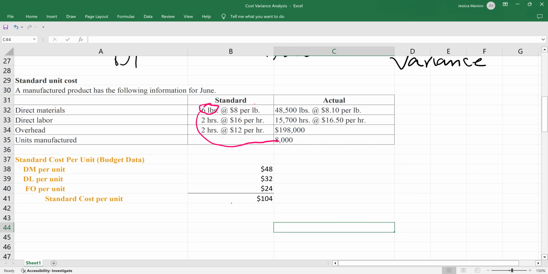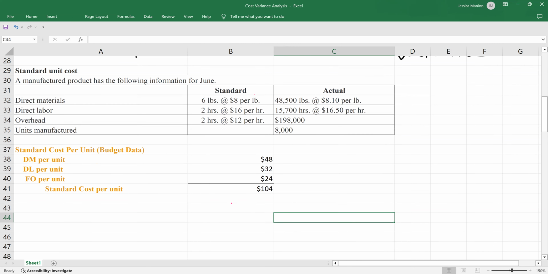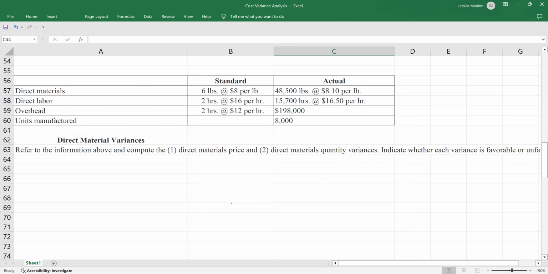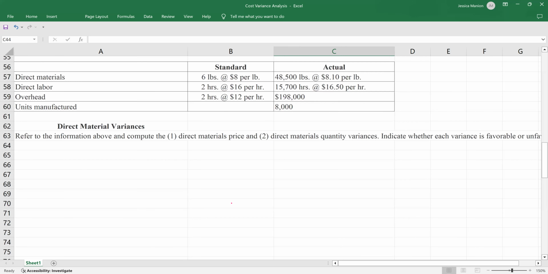We produced 8,000 units, so 8,000 units times 6, we should have used only 48,000 pounds of material. We actually used 48.5. So, again, before we even plug any of the numbers in, we can make some guesses there, right?